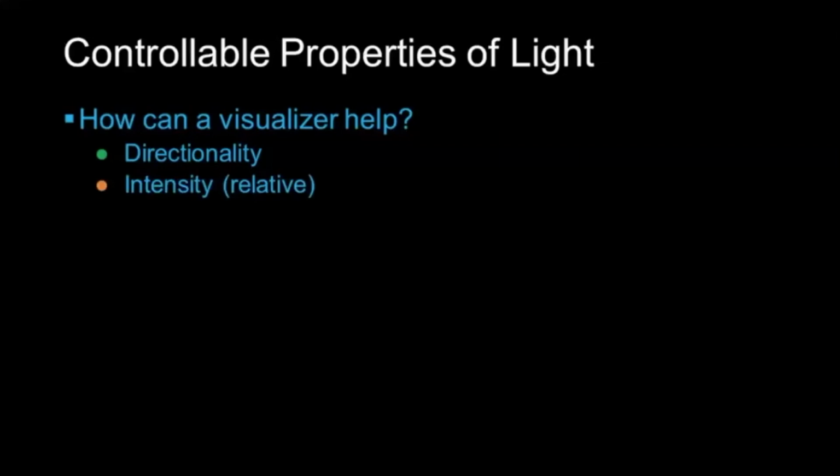When we talk about intensity, I gave it an orange, because you can look at relative intensity in a scene pretty well, but that intensity is never going to translate to what the stage levels look like, right? We've talked about this in other sessions: you can use any visualizer to set levels and record them into your cue, but then you take that cue onto the real equipment, and those relative levels are going to be different, particularly with things like incandescent equipment.